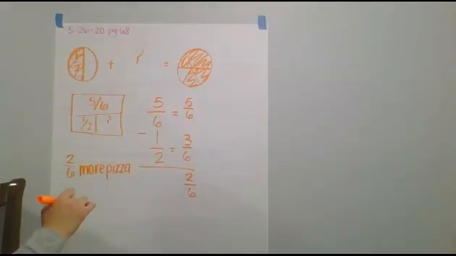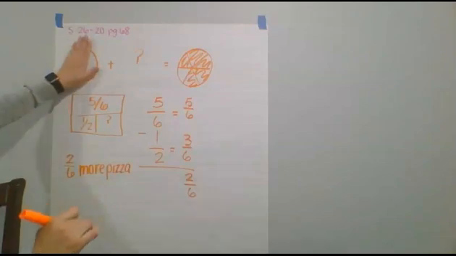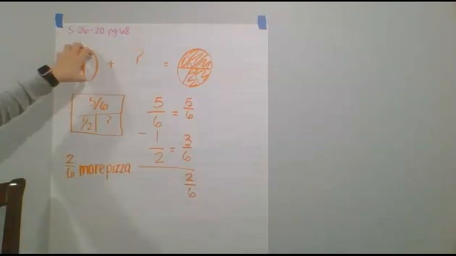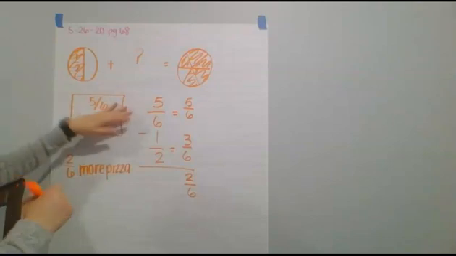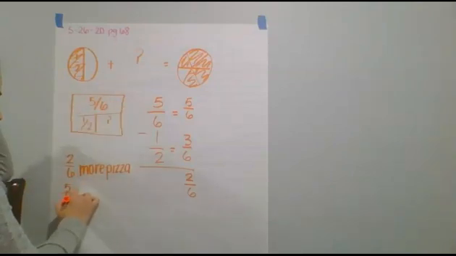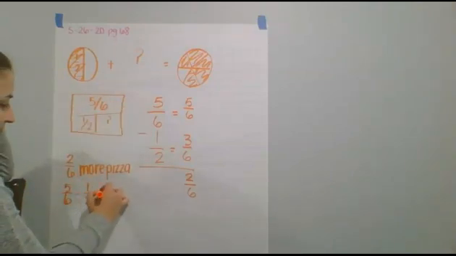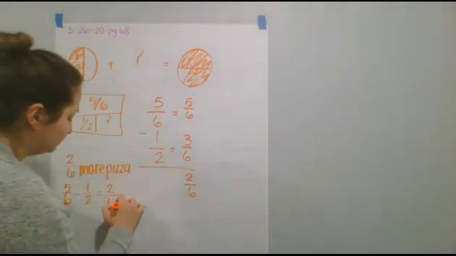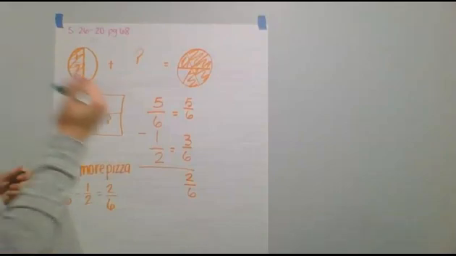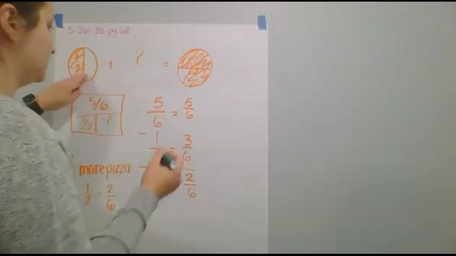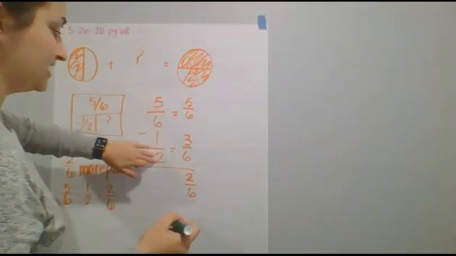And then we could also look at this once we talk about our equation. Our equation was 5/6 minus 1/2 equals 2/6. And creating a visual for this, we could have also turned this into 3/6.